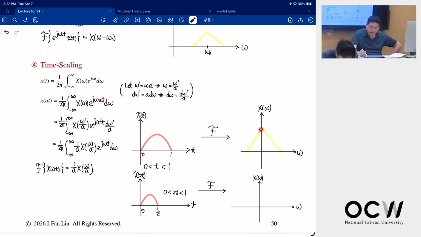The magnitude should, if I compress, A is greater than 1, then they will go down, right? And then X omega over A, so A is 2, 3, 4, become wider and wider. Okay, so it should look like this.